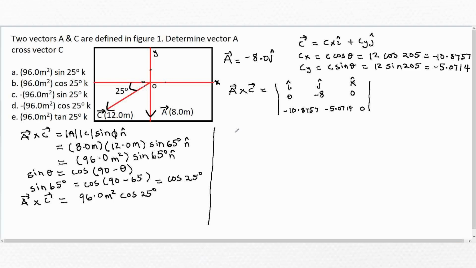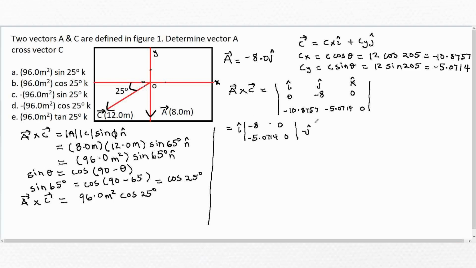So this is how we do this. If we take i, we delete down and across, so we have -8, 0, -5.0714, and 0. Then we have minus j, since the convention is plus, minus, plus.